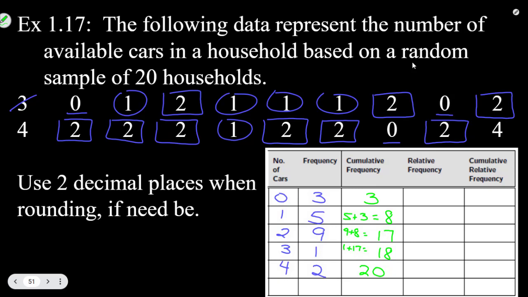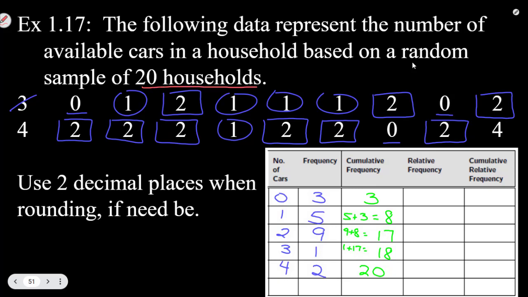Now, when we go to relative frequency, that's where we're starting to get division involved. So that's where this statement comes in: use 2 decimal places when rounding if necessary. Our relative frequency is going to be each individual frequency divided by the total. And there are a total of 20 households that were viewed here.